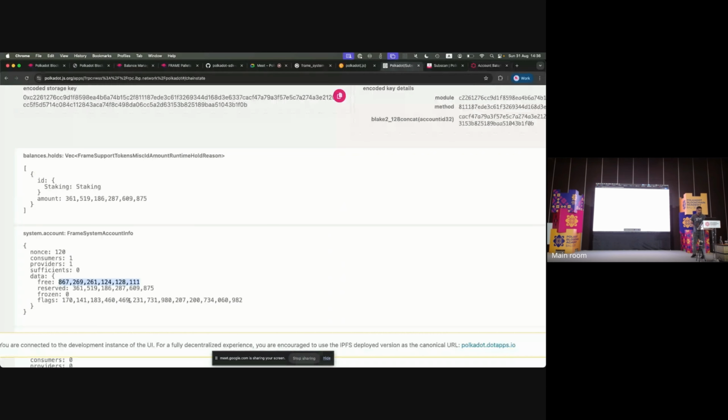It will not go away from free. So frozen is just a number, saying the balance should not go below this, but it is still part of the free bucket. So it acts a little bit differently than reserved, which is a separate, exclusive bucket.